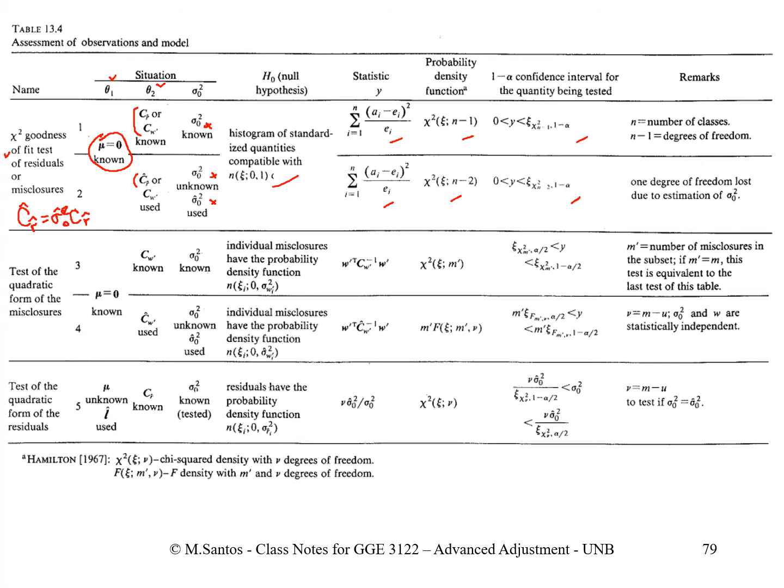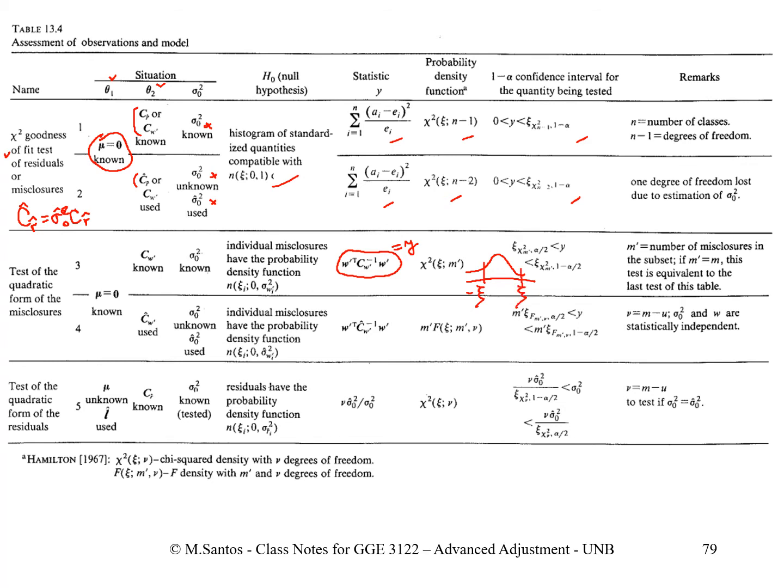So the mechanics is the same. Now we have the test for the quadratic form of the misclosures. We are basically going to see if the quadratic form of the misclosures lies between, this is going to be our statistic, a certain interval.